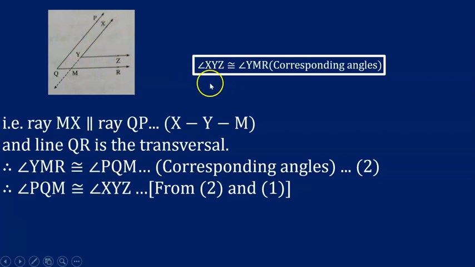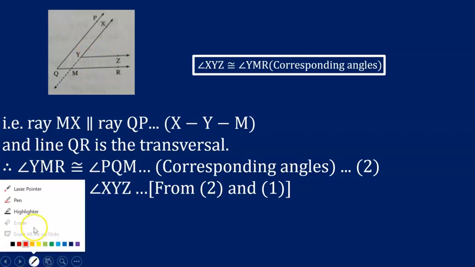In the first, we have given that angle XYZ is congruent to angle YMR. This angle is congruent to this, and again this angle is congruent to this. It means that these two angles are congruent.